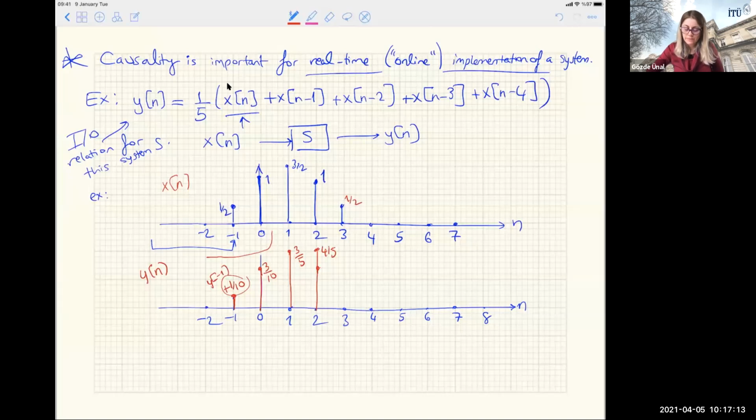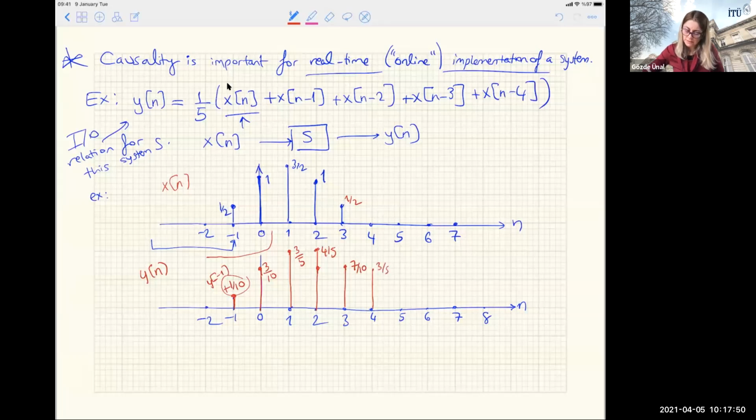So I would have from here 4 plus 1.5 is 7 over 2, 7 over 10. Please check all these. 7 over 10. At 4, now I should just look at these. 3 over 5 again, and 3 over 5, and it goes on like this.